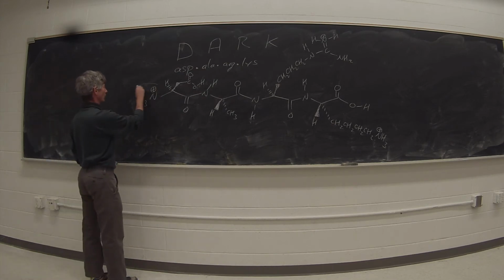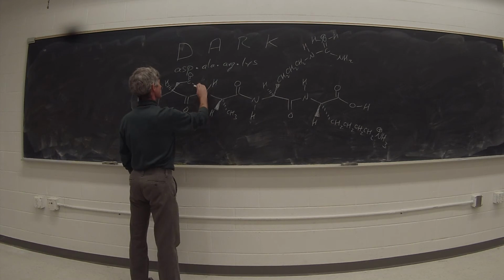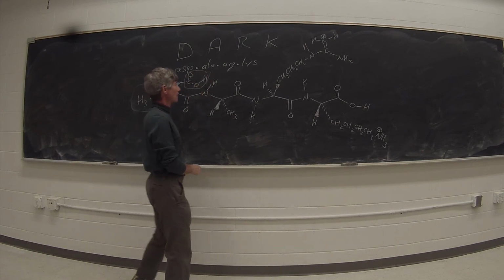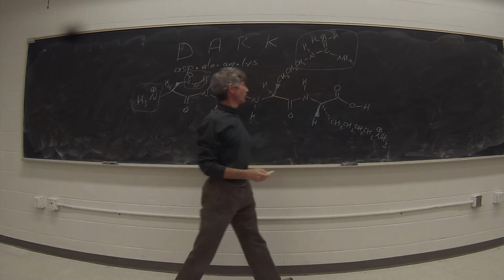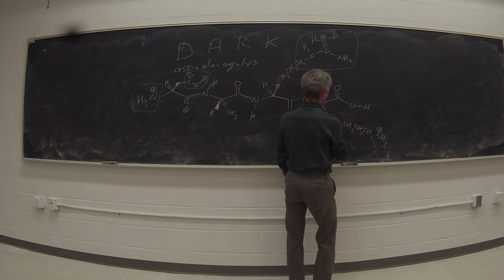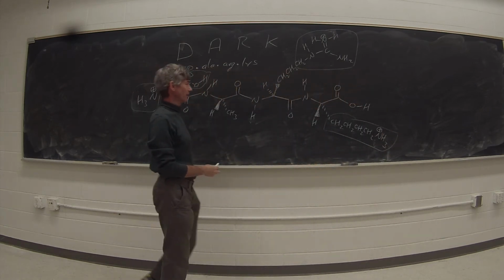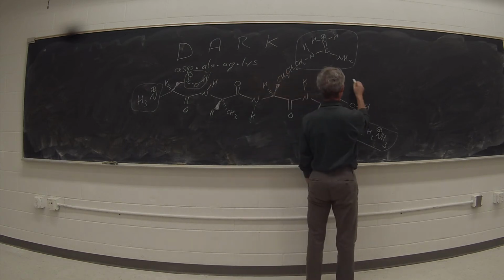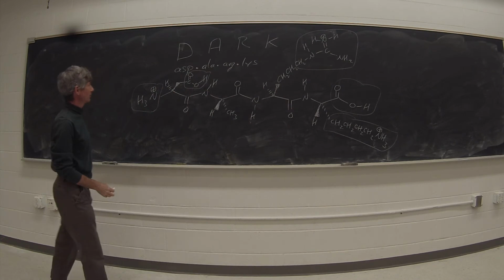So we have the N terminus of aspartic acid. We have the aspartic acid side chain. We have the guanidinium side chain of arginine. We have the protonated amine side chain of lysine, and we have the C terminus of lysine.